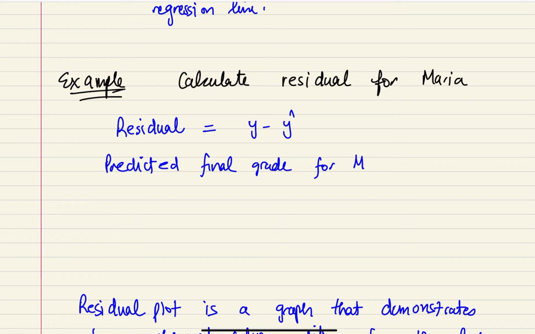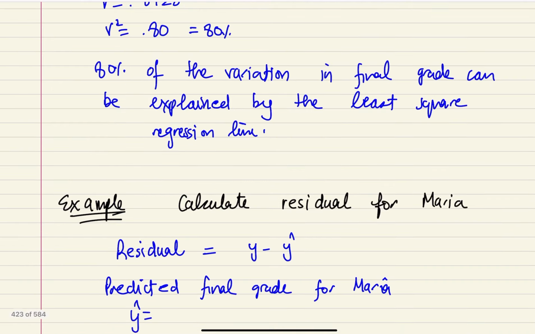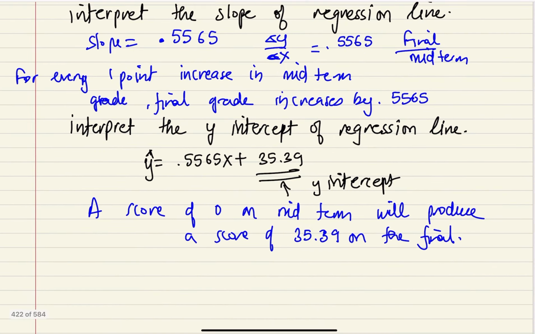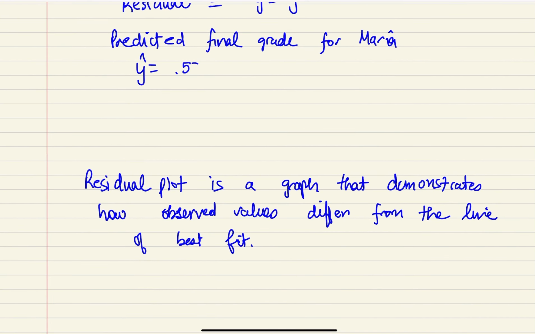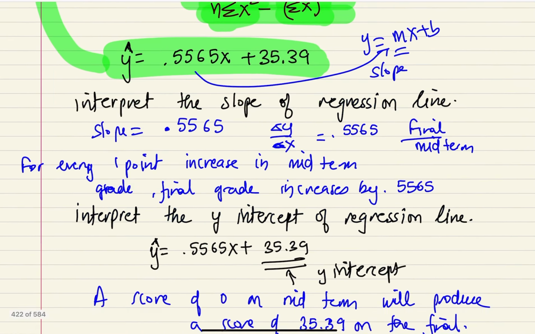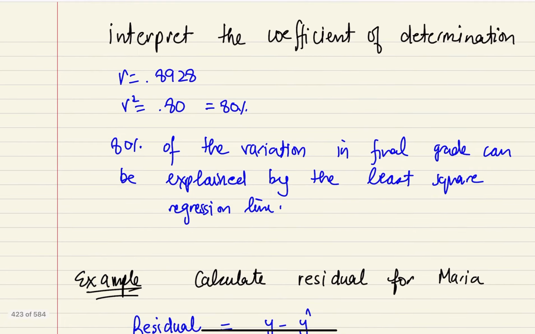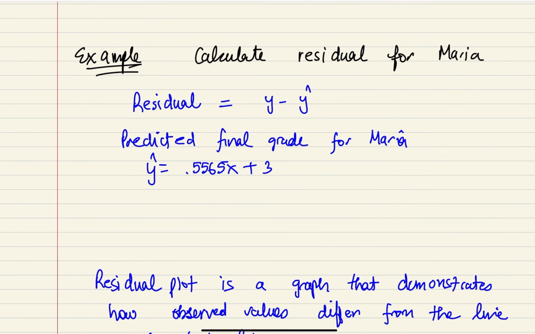So y hat equals 0.5565x plus 35.39. Here we're going to plug in x as 81, and that will give us Maria's predicted final grade, and we can use it to calculate the residual.